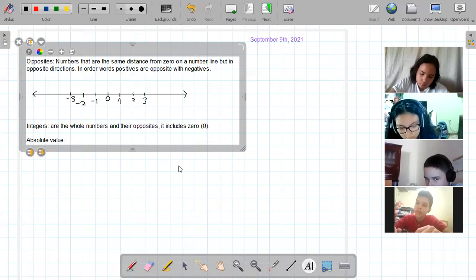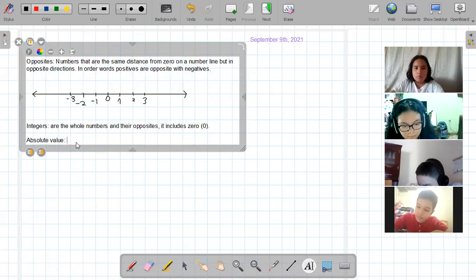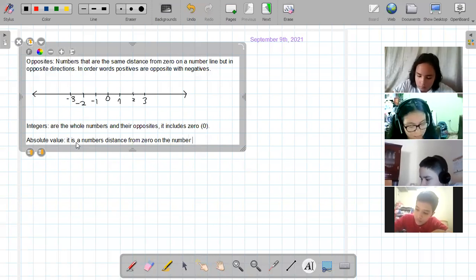Okay, so in order for us to understand what an absolute value is, we are going to say that it is a number's distance from 0 on the number line. Okay, so that's it.